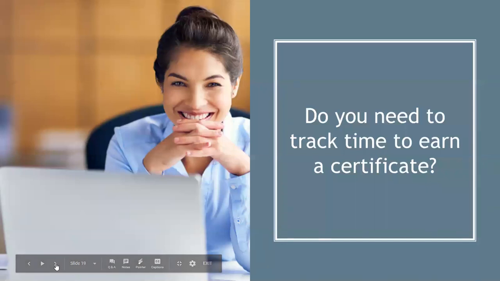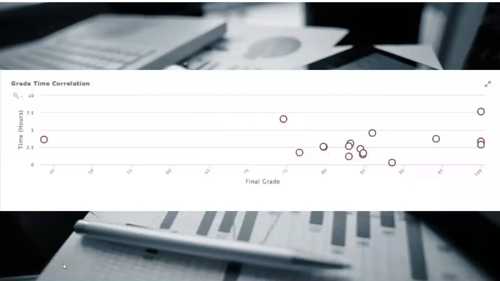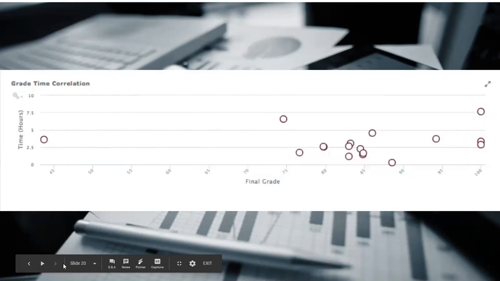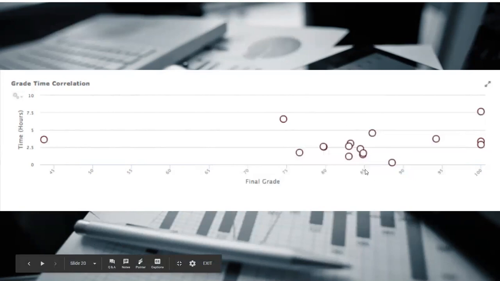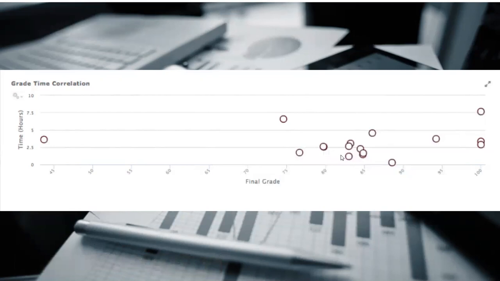I think I have another picture too of that maybe coming up. Let's see. We'll see if that comes up. Oh, okay. This is in the wrong order. So in this one, what we have is a bubble chart again that correlates the time spent and the grade. So you can see from this chart that the majority of students seem to have spent an average of 2.5 hours and gotten a grade between 75 and 90.